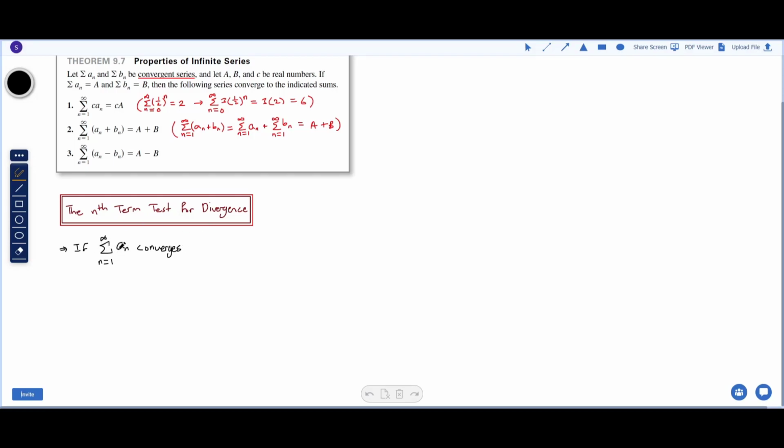So if this sum converges, then the limit as n goes to infinity of a sub n is equal to 0.